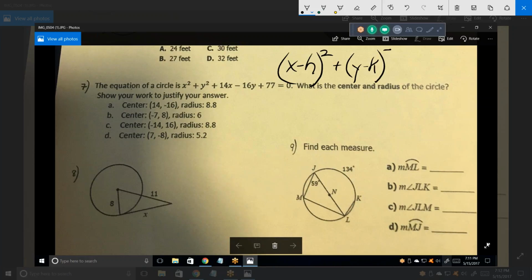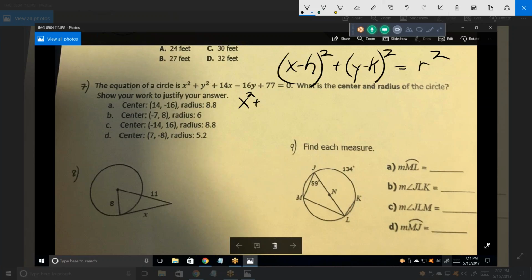Okay. What we have to do is put this polynomial into this format. And there's really only one way to do it, and that's by completing the square. Two steps. I'm going to move the 77 over to the other side first, and then group the x terms together and the y terms together, giving me this.